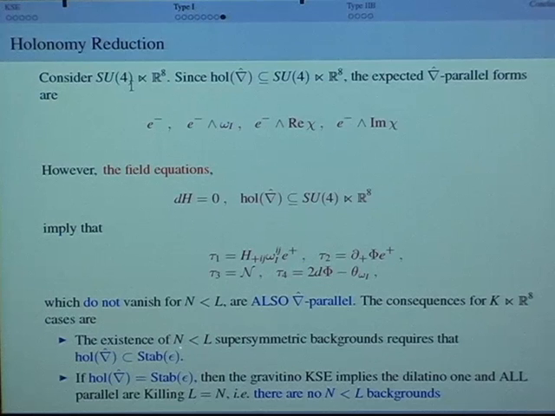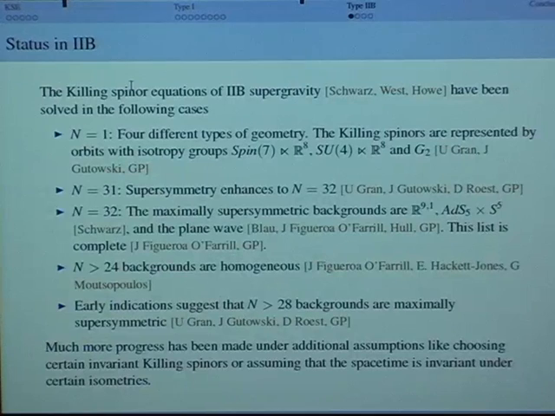If you want the existence of backgrounds with Killing spinors fewer than parallel forms, then one has to reduce the holonomy to a subgroup of the isotropy. If one insists that the holonomy is equal to the isotropy, then the gravitino Killing spinor equations imply the dilatino one, and all parallel forms are Killing. So this is the kind of game that one can play, knowing the conditions in all cases.